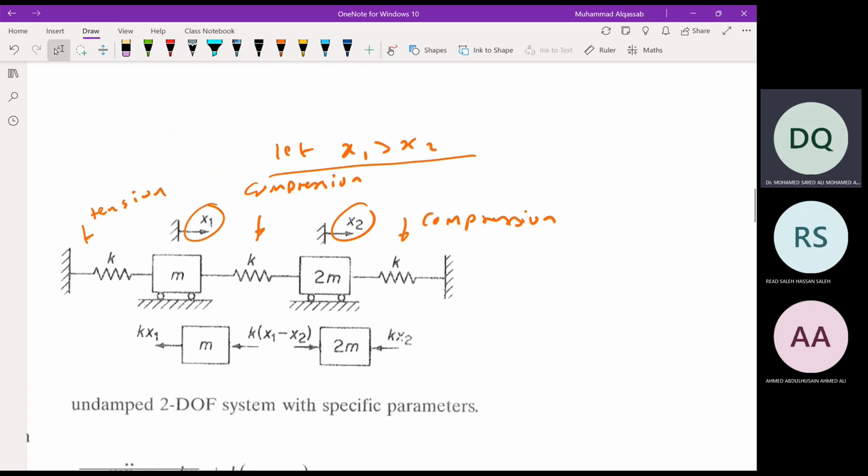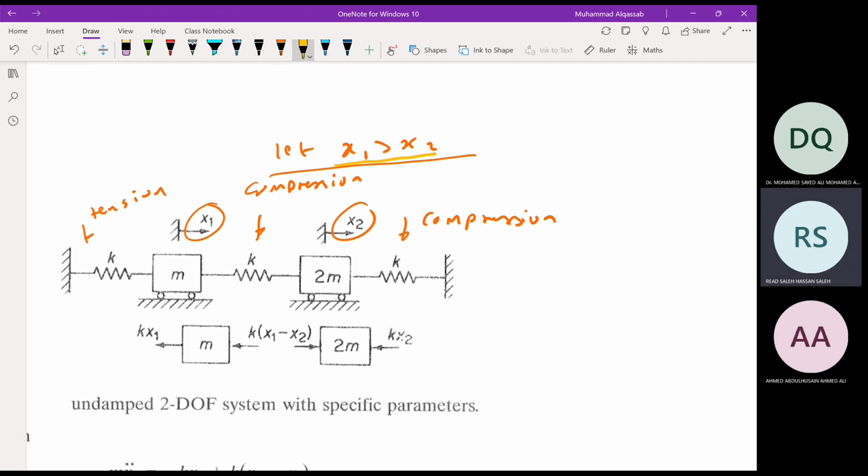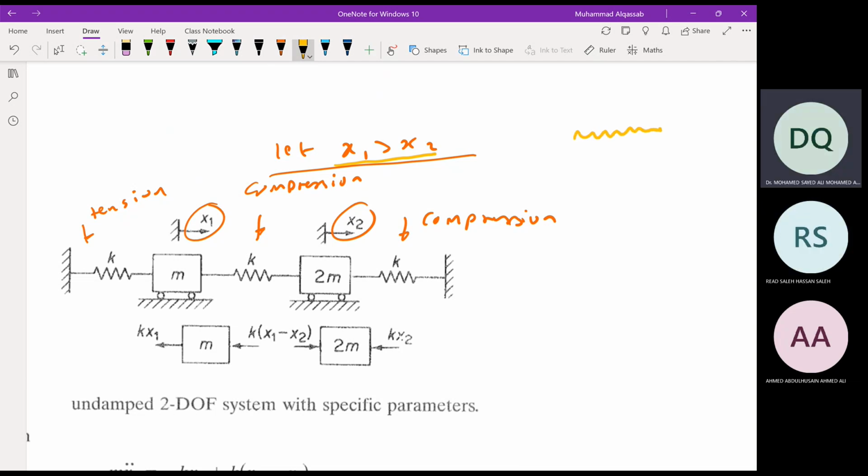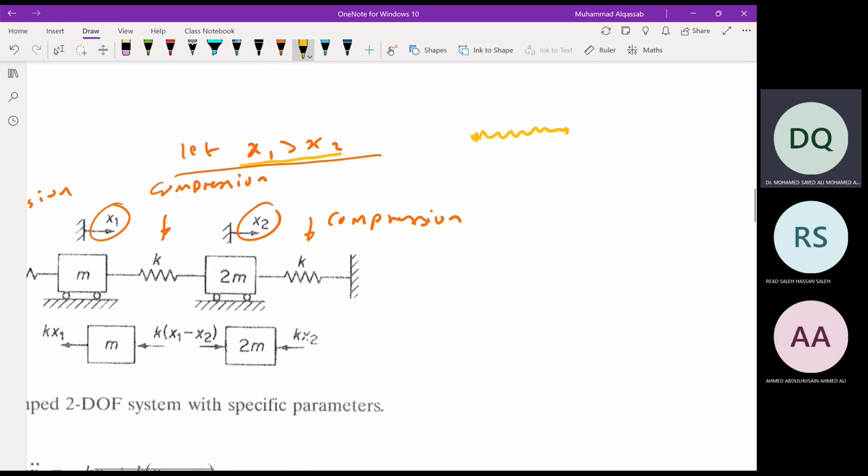Okay, this depends on the assumption. If you assume that X1 is greater than X2, what will happen to the spring? So this is the spring in equilibrium, before.